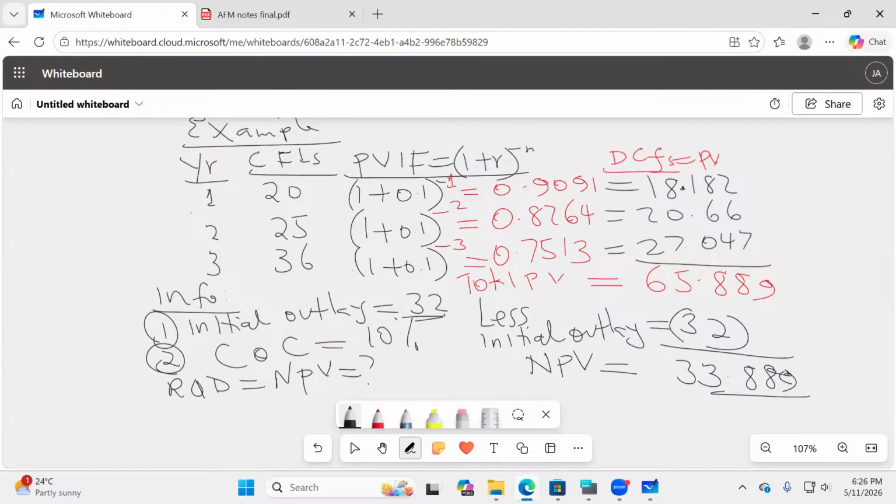So net present value is what we wanted, and we've even gone a notch higher: calculate NPV and interpret it.